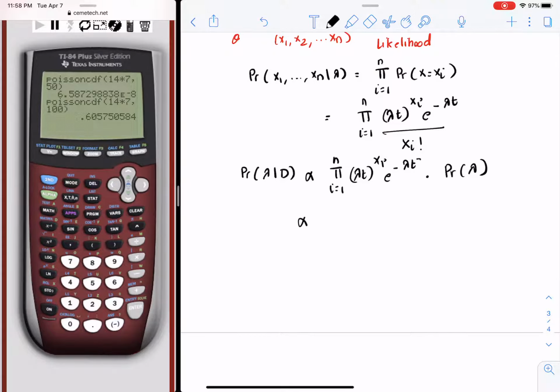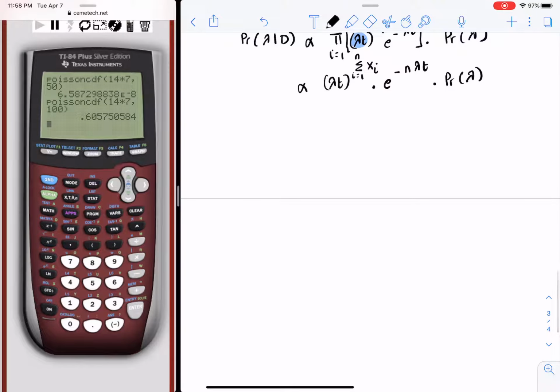Since that entire thing is in a product, we have a common base multiplied n times to itself, so the power there would be the sum from 1 to n of xi, times e raised to minus n lambda t, multiplied by the prior.